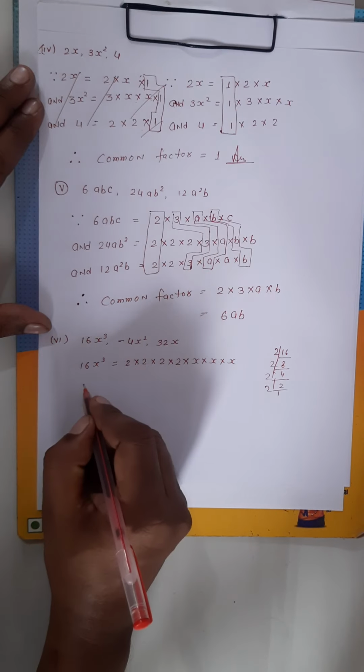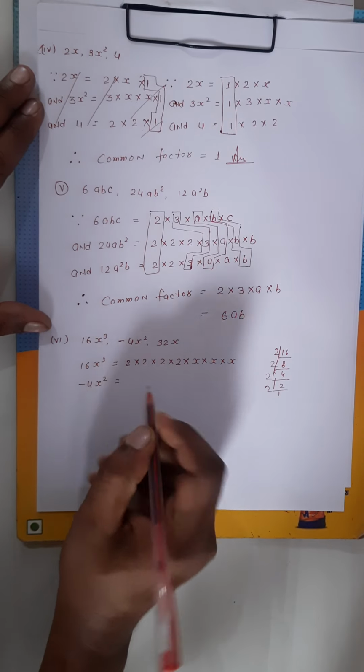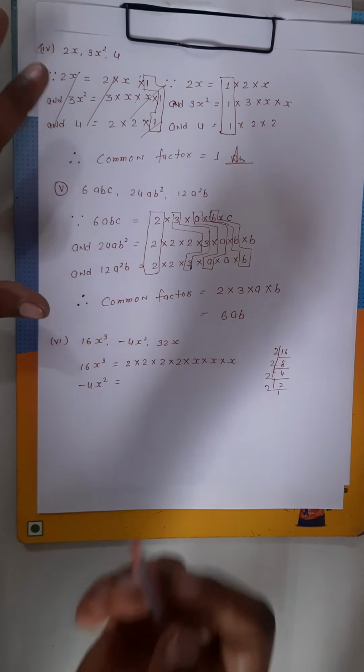Okay, now minus 4x square. What will be the minus 4x square?